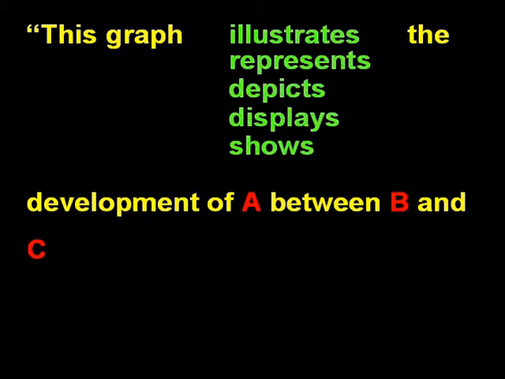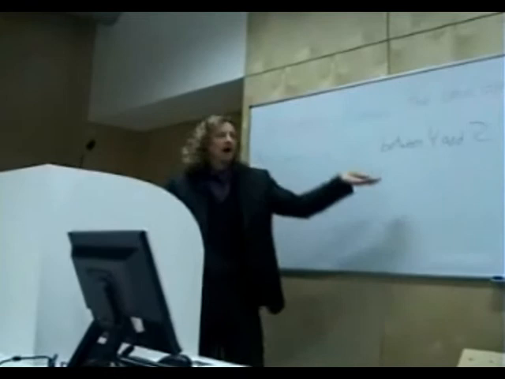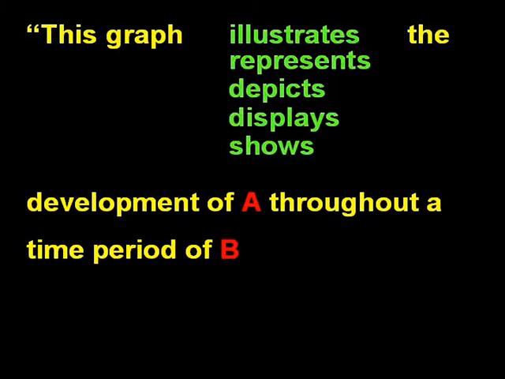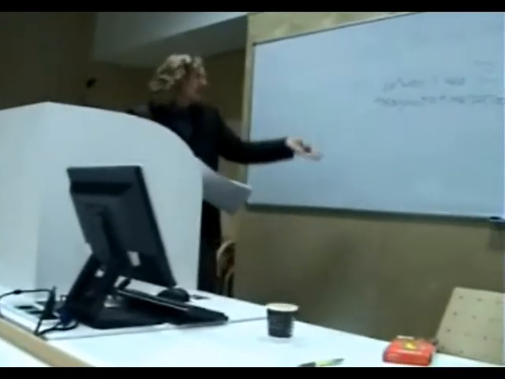Between Y and Z, between January 1st, 2001 and December 31st, 2007, whatever dates that are relevant, or throughout a time period of X, throughout a time period of 12 months, of 5 years, of two centuries, whatever is necessary.